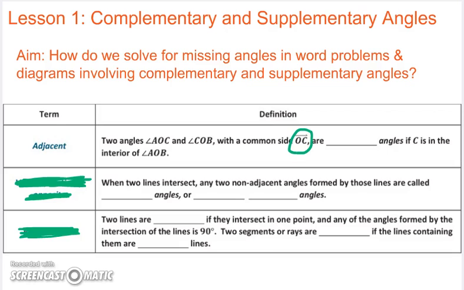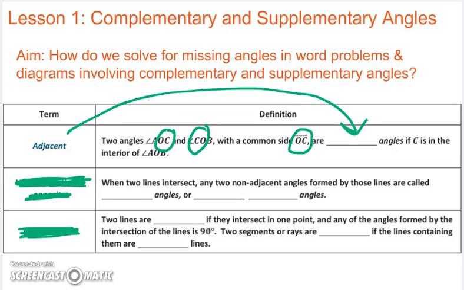If you look at the two angles, they have OC in common here, and they also have OC in common here. I see that the letters are switched in the second angle, but they are still right next to each other, and they have the same letters. So that makes those adjacent angles. You can throw this word right into that spot.